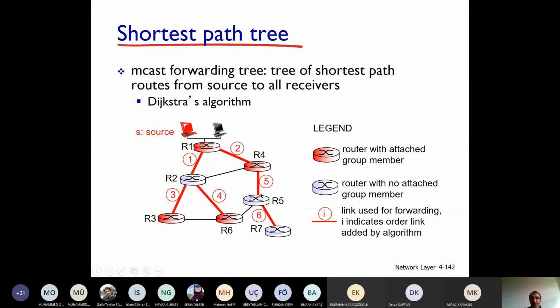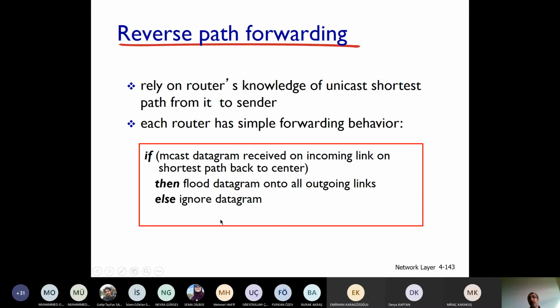I receive a datagram from path 4, which belongs to the shortest path tree, right? Then I'm going to flood it to all the outgoing links, to R3, for instance. But if I receive a datagram from R5, on the black link, then I'm not going to flood it. I'm going to discard, ignore this datagram. This is how reverse path forwarding works.